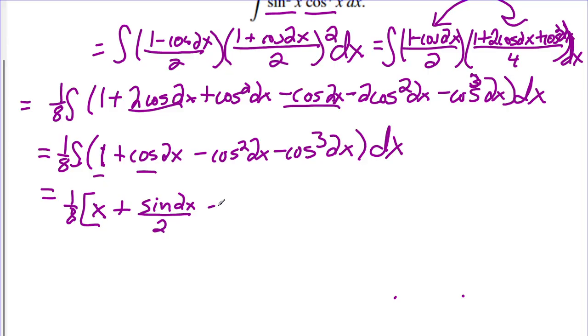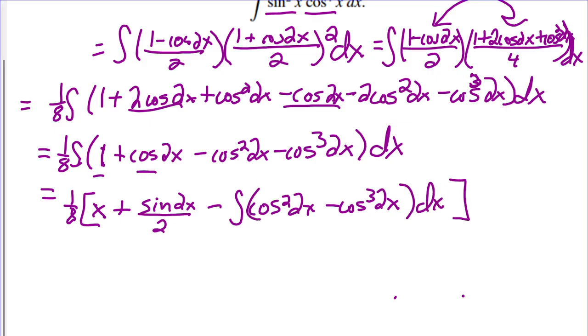That leaves us then with minus the integral of these two terms, cosine squared of 2x minus cosine cubed of 2x, dx. We can take care of the first one using just u substitution. The second one, we're going to break that down to be a cosine squared of 2x times cosine of 2x.